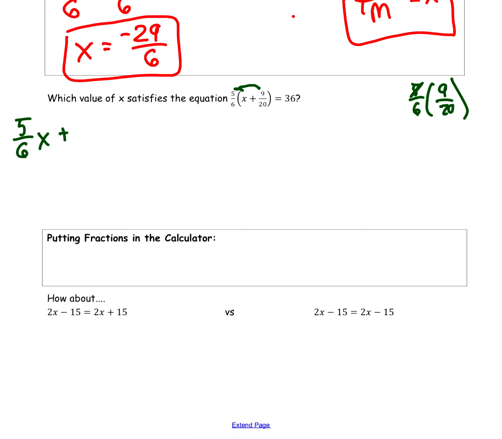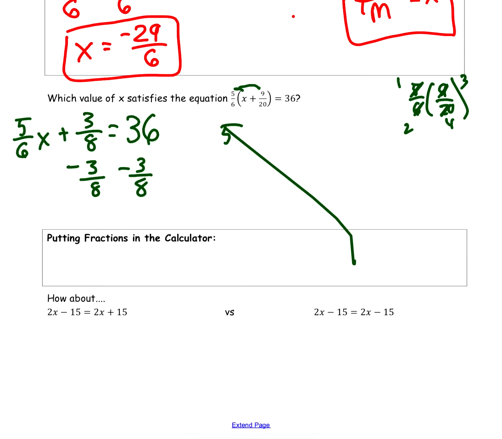The 5 and 20 cancel out to 1 and 4. The 6 cancels out to 2, and the 9 cancels out to the 3. So it's just really 3 over 8 equals 36. Subtract 3 over 8 on both sides. You would get 5 over, excuse me.